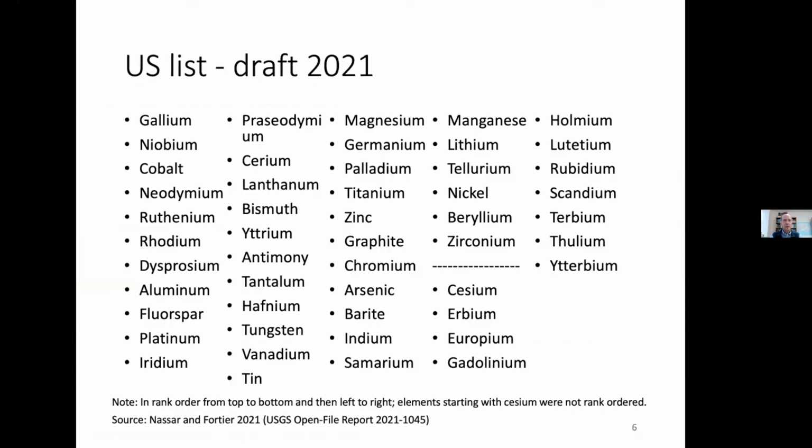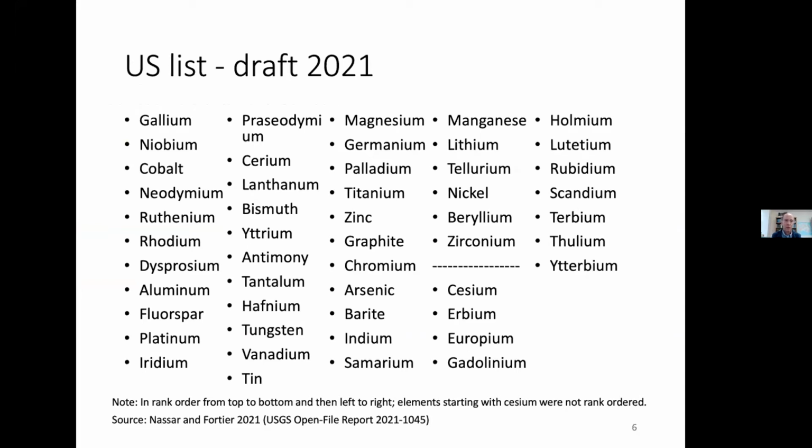Now, here's a list, the draft list that a committee under the White House and led by work at the U.S. Geological Survey have recommended to be included in the 2021 U.S. list of critical minerals.